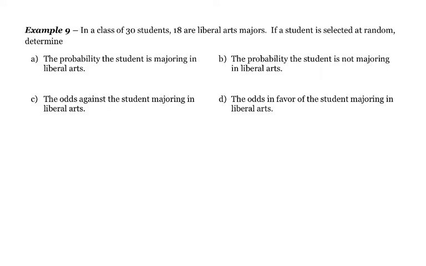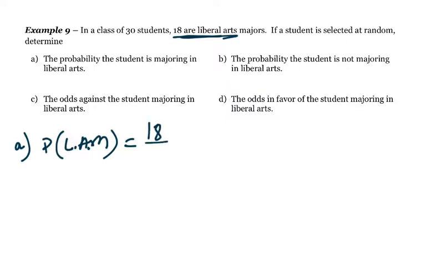We have in a class of 30 students, 18 are liberal arts majors. If a student is selected at random, determine the probability that the student is majoring in liberal arts. So the probability of a liberal arts major, which we're going to abbreviate LAM. We're told that there are 18 liberal arts majors, and that there's a class of 30 students total.